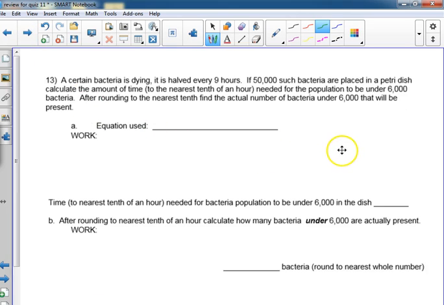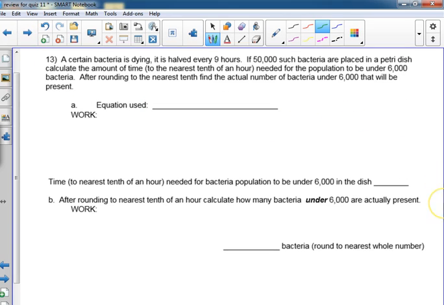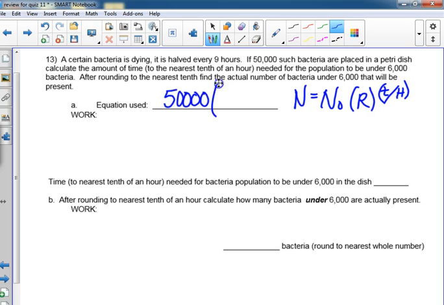All right. A certain bacteria is halving every 9 hours. So tell me what to write. Yes, this is the formula on your sheet. That's all in an exponent up there. Yep, it's being halved, so we need the rate to be half.